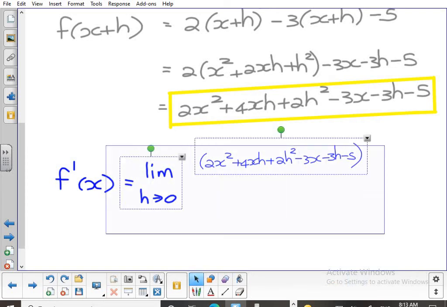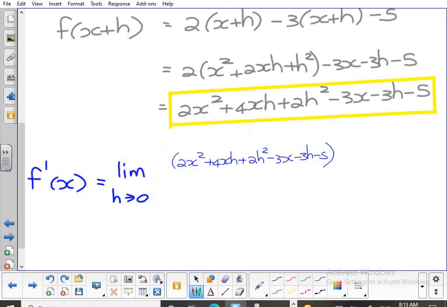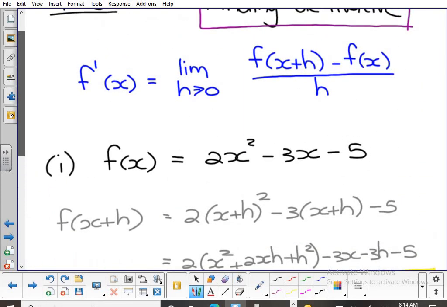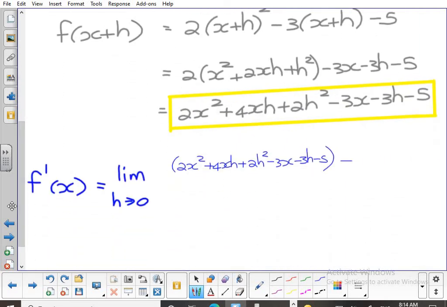I'm going to move this quickly, otherwise I'm going to run out of space. Fantastic, that's my f of x plus h. Then it said minus. What should I minus? Go back to the formula. It said minus f of x. What is f of x? It's this thing, isn't it? So now I'm going to have minus, and remember with the minus, boys and girls, keep that bracket. It's going to make a huge difference. Everything on h.